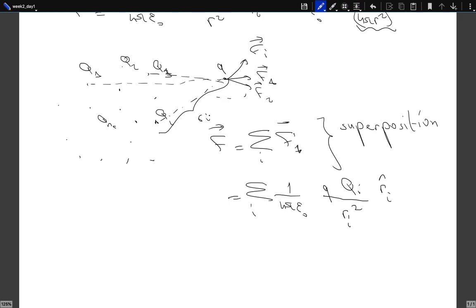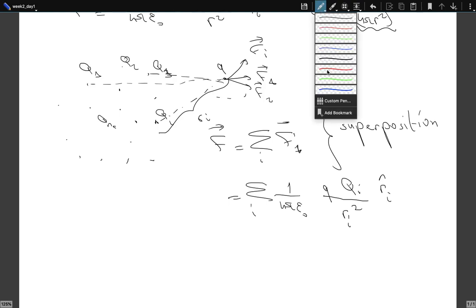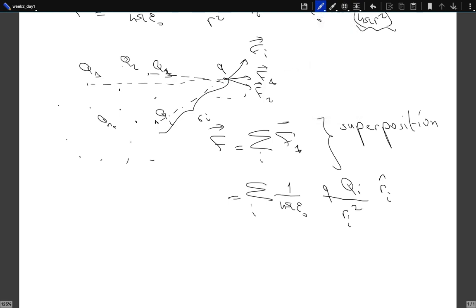And then the force is in the direction along this line. This Ri vector, by definition, is pointing away from the charges. So this is my Ri hat vector.